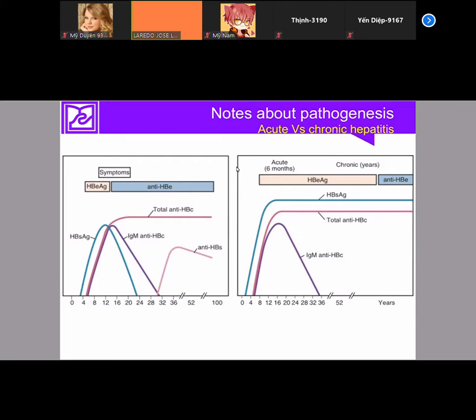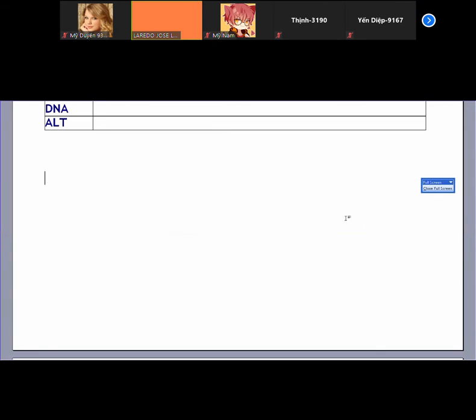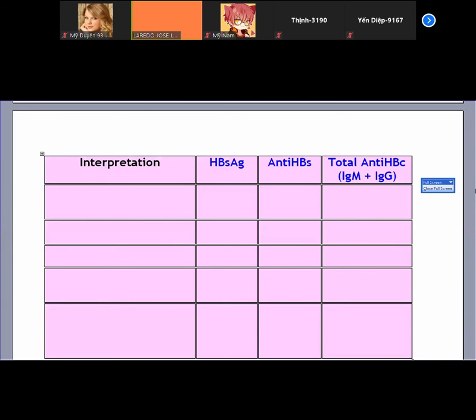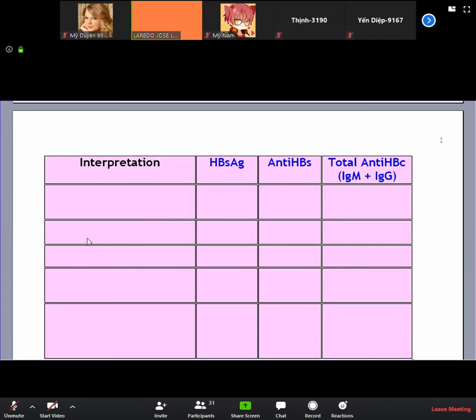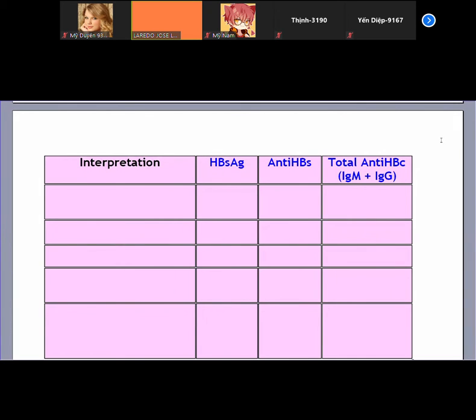For the diagnosis of hepatitis B, at the Laboratory of Microbiology, we are going to use serology. And we are going to test some markers of infection in blood. We are going to test the surface antigen, antibodies against the surface antigen, and antibodies against the capsid, against the core.